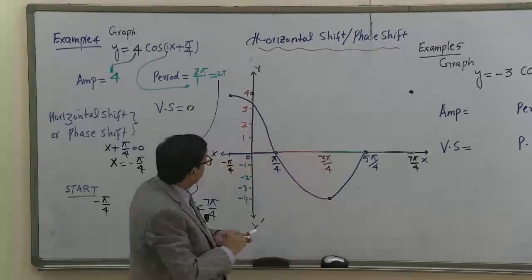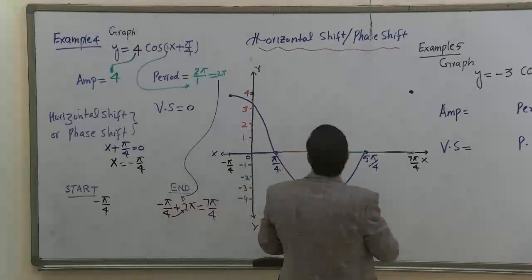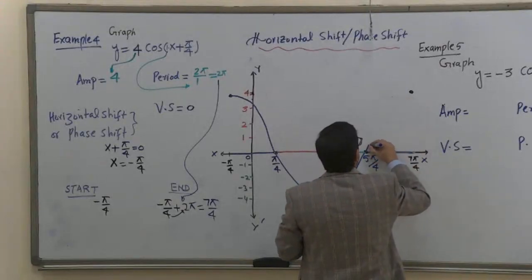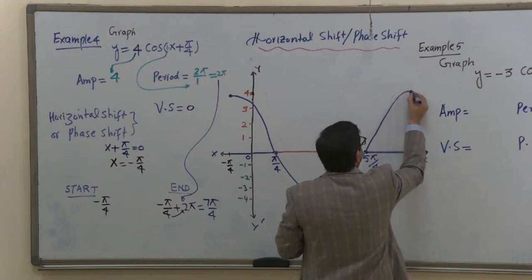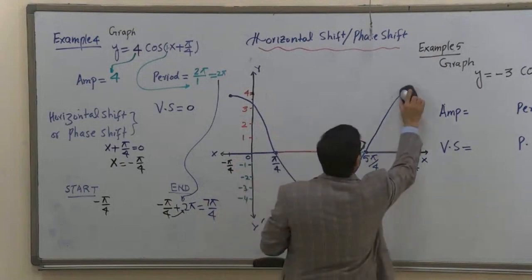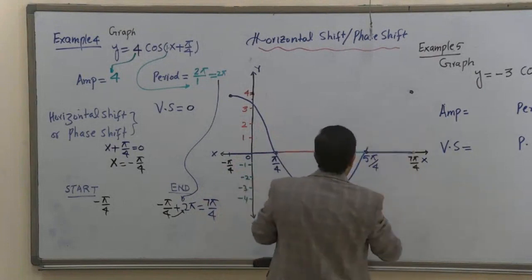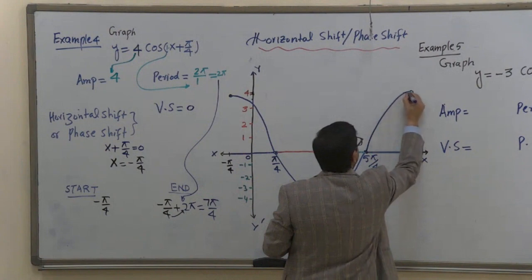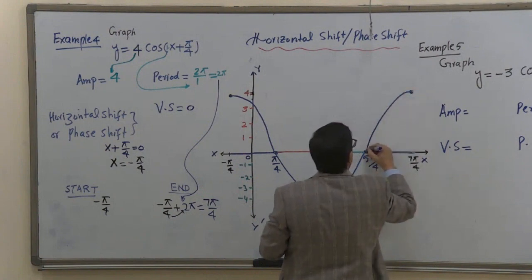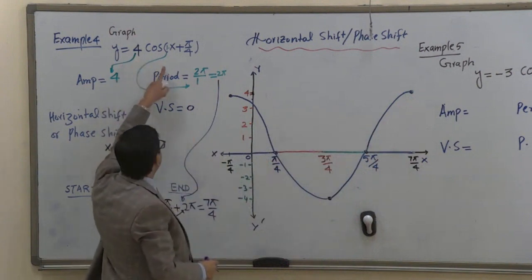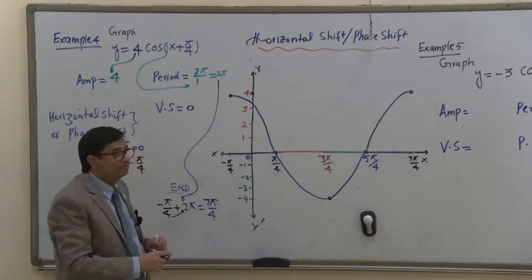And now the remaining part of this one, I take up to this way. This will go as a curve. If you can make it more accurate, you erase and just make a little curve there, so the graph is going to be this way. Okay, so this is the graph for y is equal to 4 cosine x plus pi over 4.